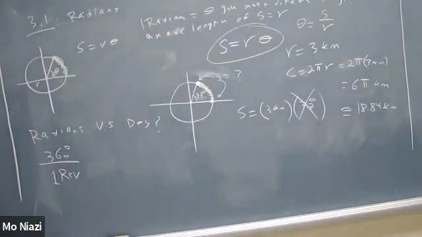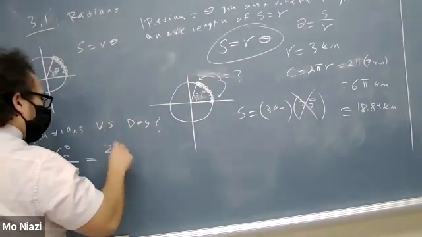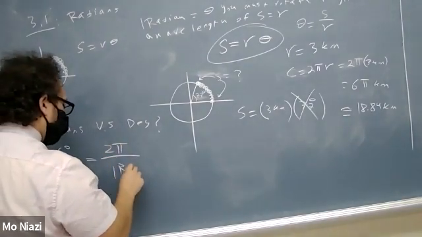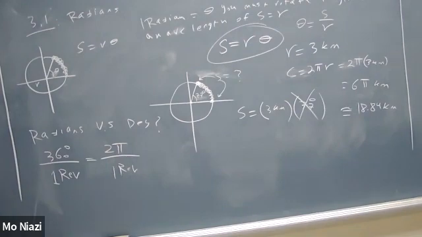So this is equal to 2 pi in 1 revolution. It's just a different way of defining angle. Radians measure an angle. Degrees measure an angle. We just measure it differently.